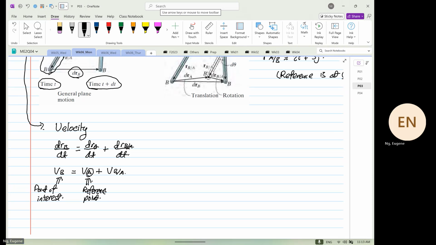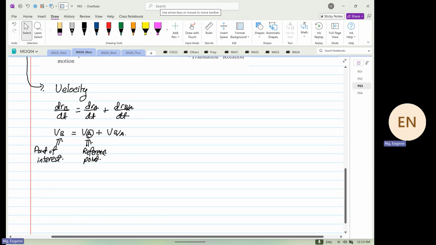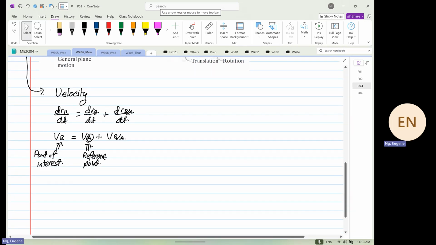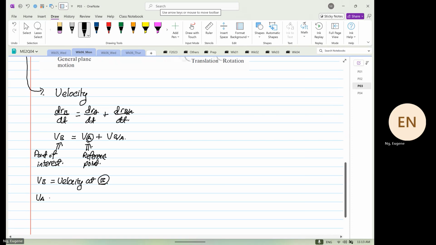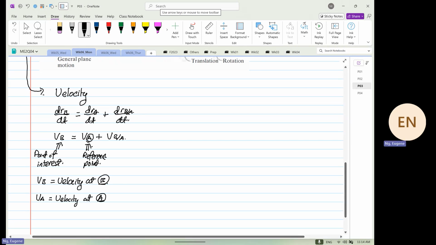Just not to get you confused, VB is the velocity at point B. Okay. VA is the velocity at point A. Because it's written in this way, this is our what? Reference point.